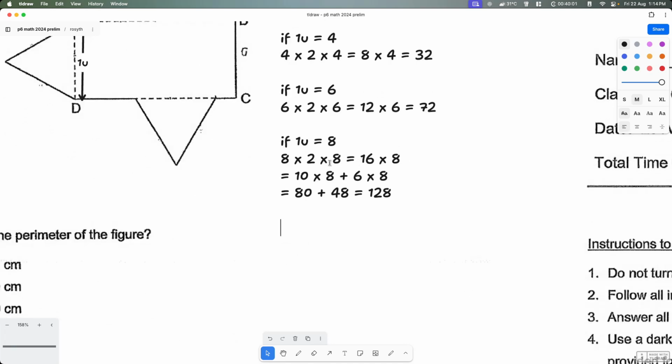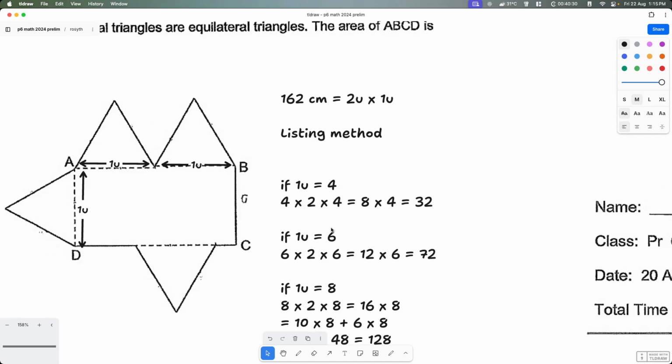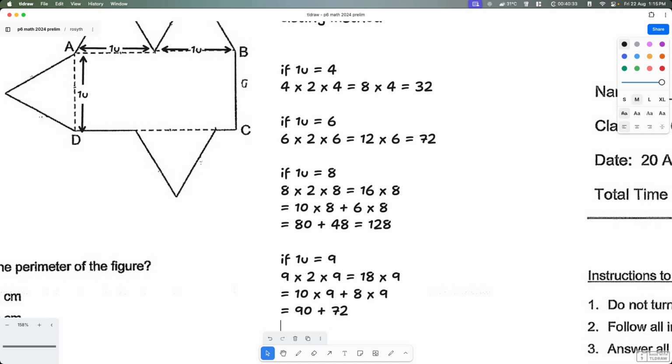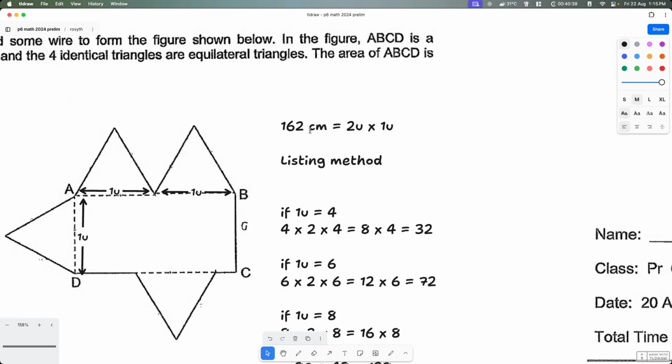What about 9? Let me see if 9 works. So if 1 unit is 9, that means 9 times 2 times 9, which is basically 18 times 9. So 18 times 9 is the same thing as 10 times 9 plus 8 times 9. This will give us 90 plus 8 times 9 is 72, and this is 162. Okay, we got our answer, 162.